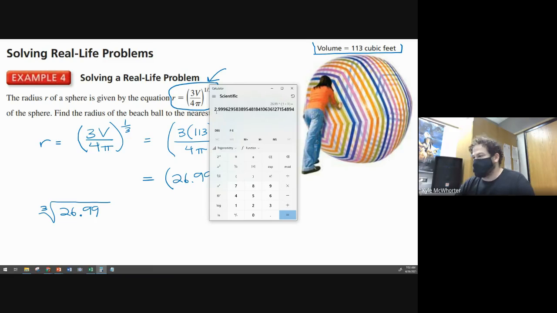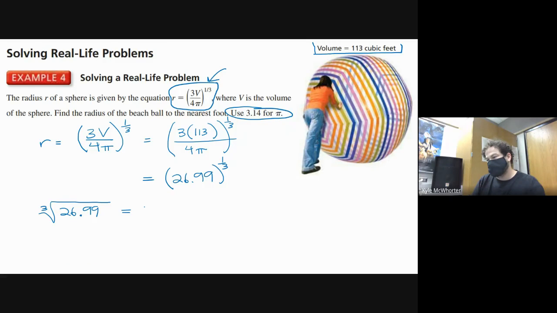So the cube root is 2.9999999, which is really close to 3. So the radius of this thing is about 3 feet.